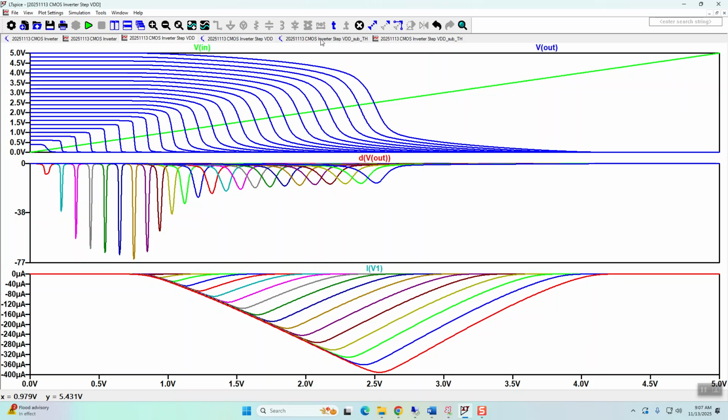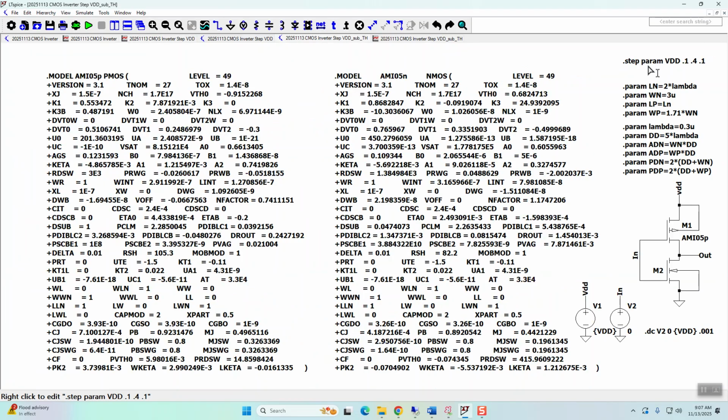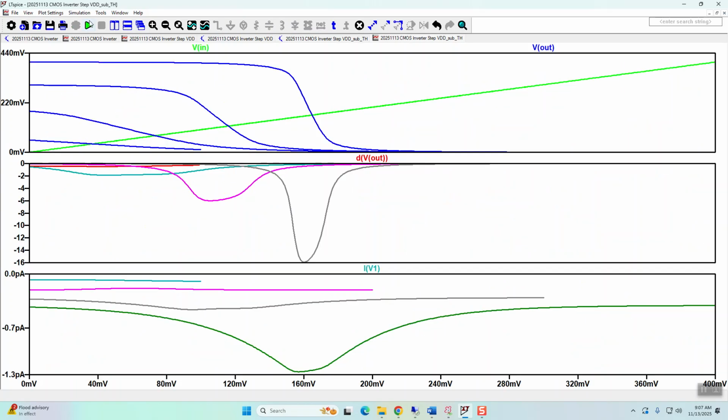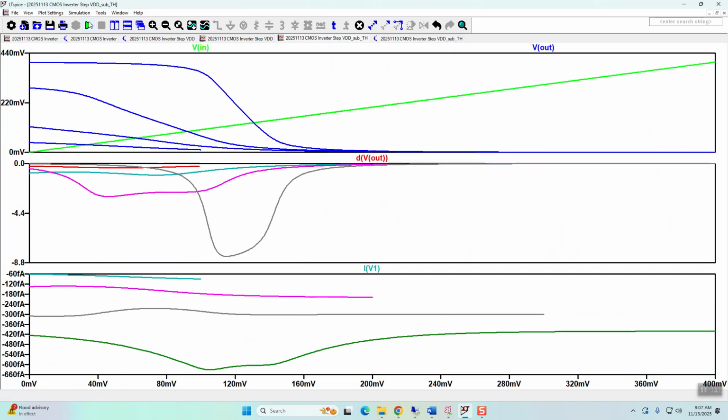And then as an example, we did it for subthreshold to show what is a logic gate and when it's not working. And then we did an example, we increased the drive of the PMOS.